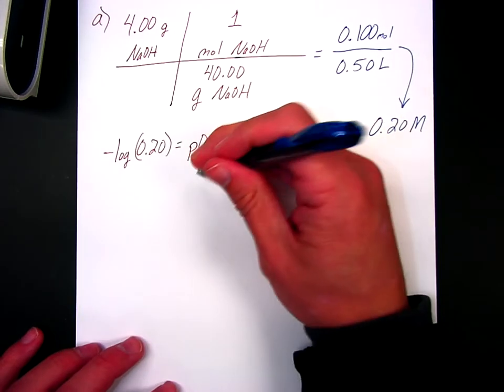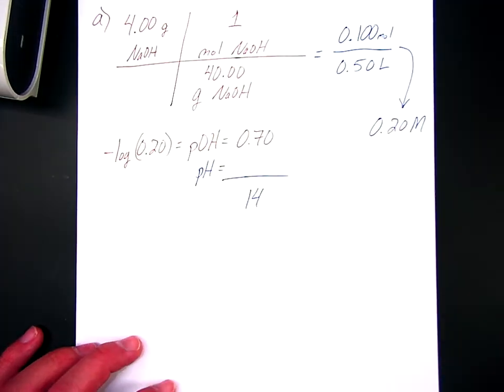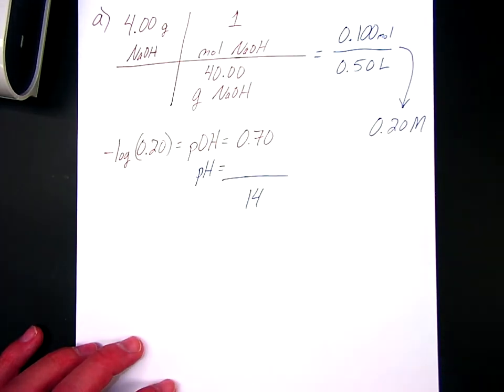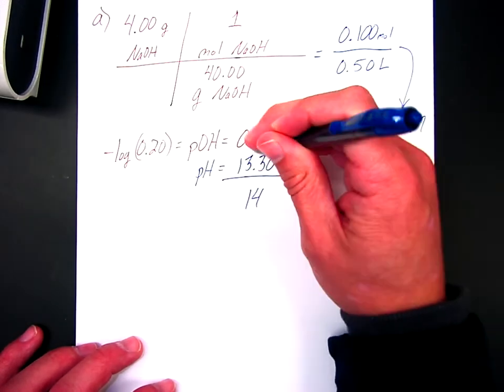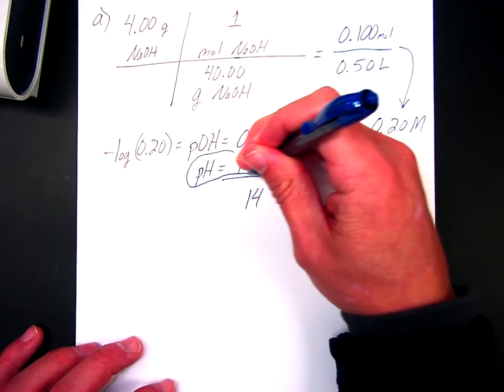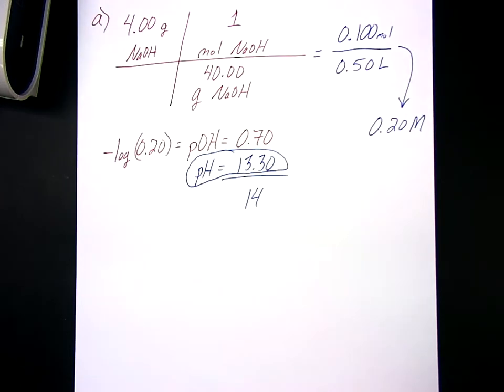The problem wants pH, which I know these added together will equal 14. Therefore, the pH must be 13.3. So that's part A of that problem. So let's go ahead and move to part B.